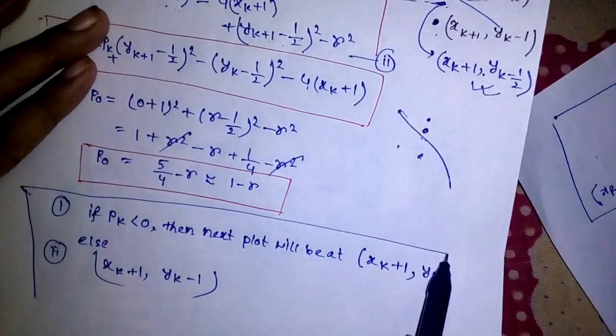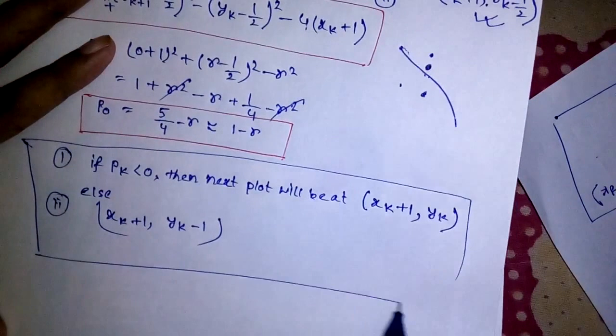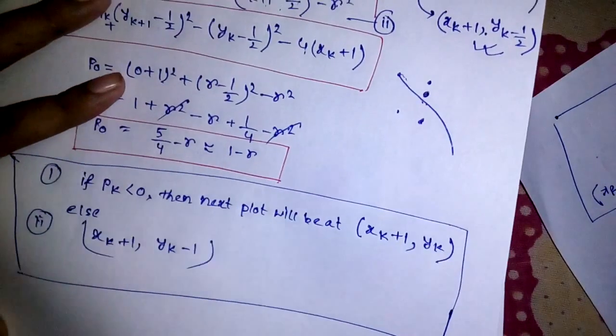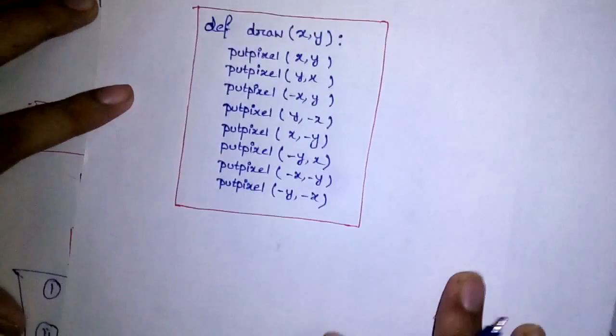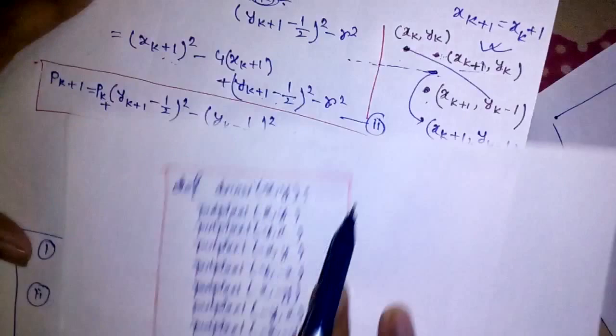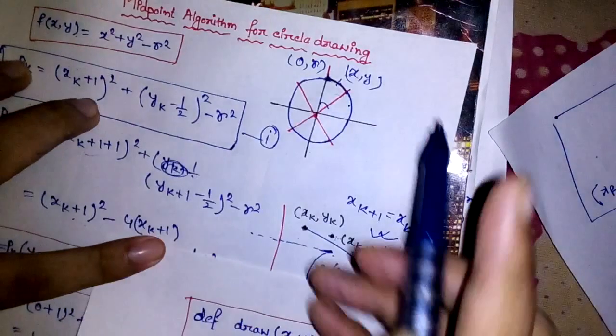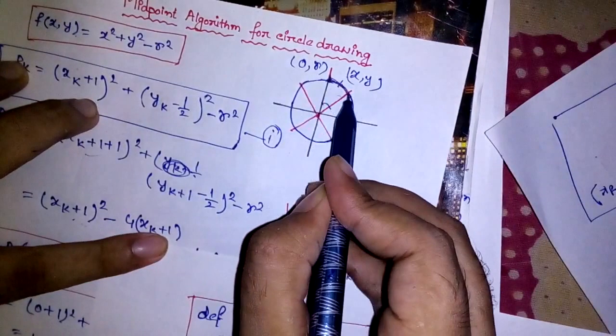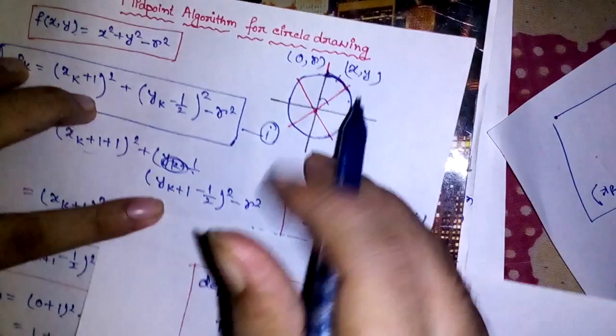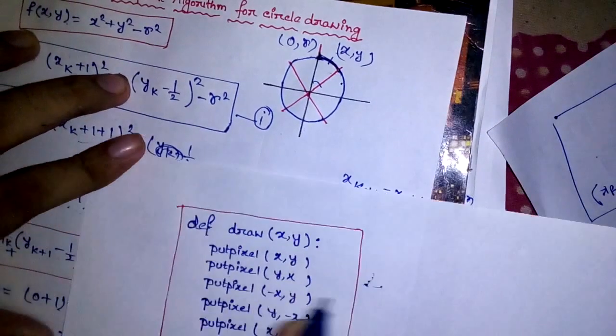Now let's try to see how I can use these things to make a nice little algorithm. For that, first I'm going to define a function called draw. In this case I will be drawing only this segment, because the circle has the property of 8-fold symmetry.